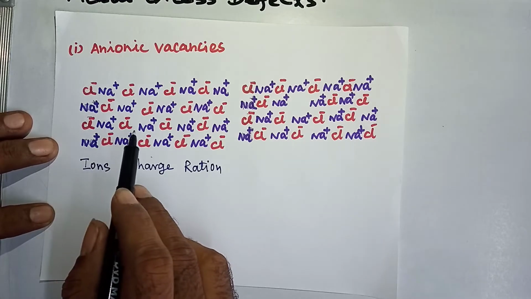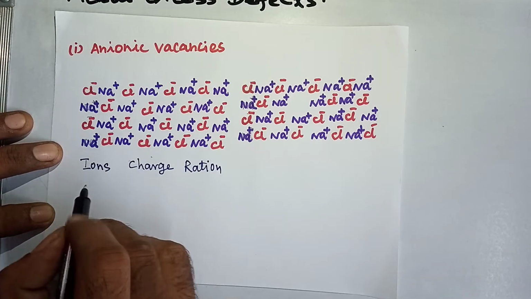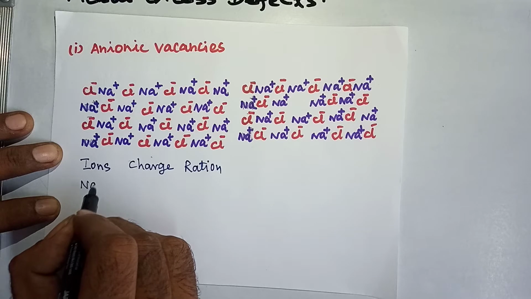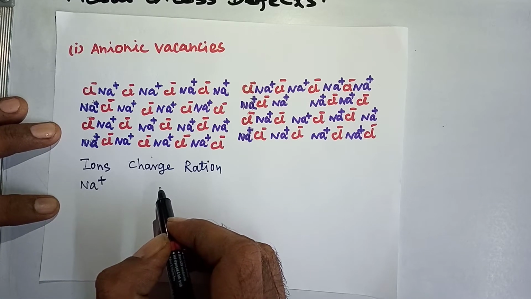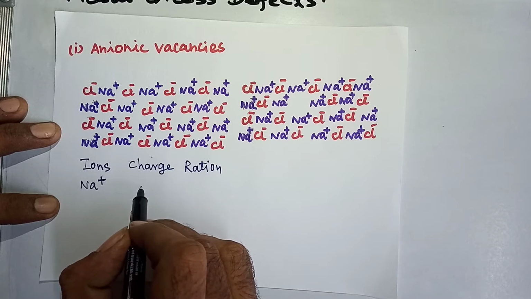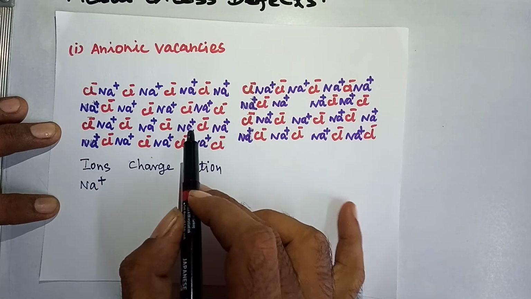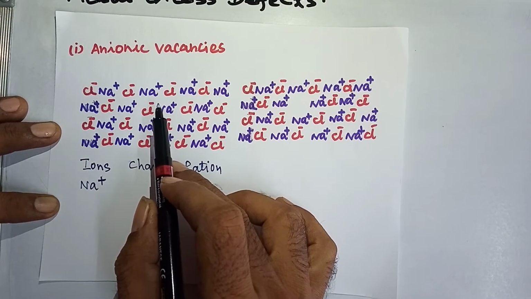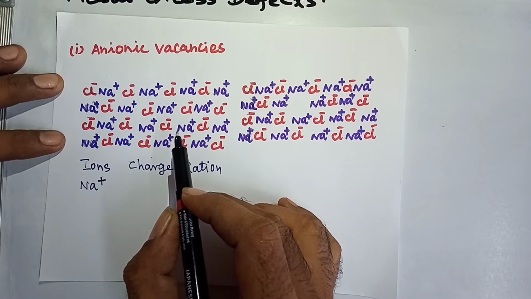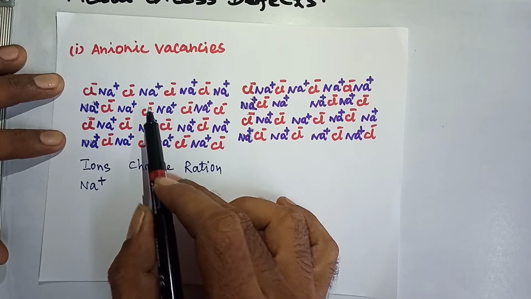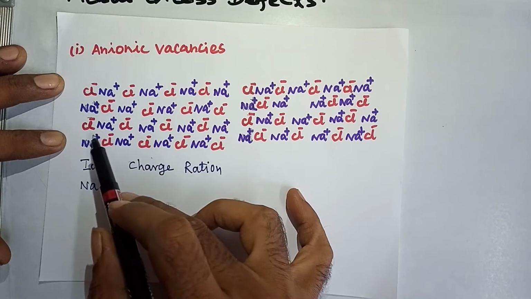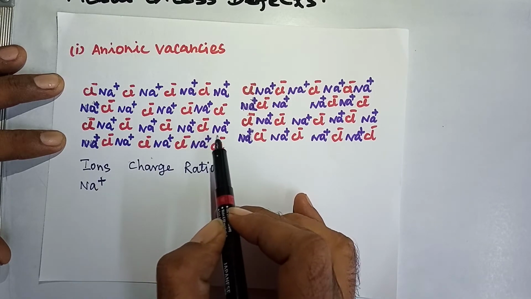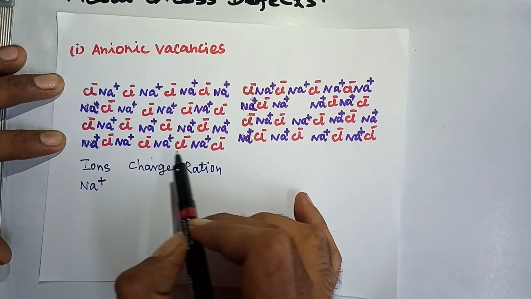In this sodium chloride crystal before the defect, the number of sodium plus ions, the cations, is 1, 2, 3, 4, 5, 6, 7, 8, 9, 10, 11, 12, 13, 14, 15, 16.